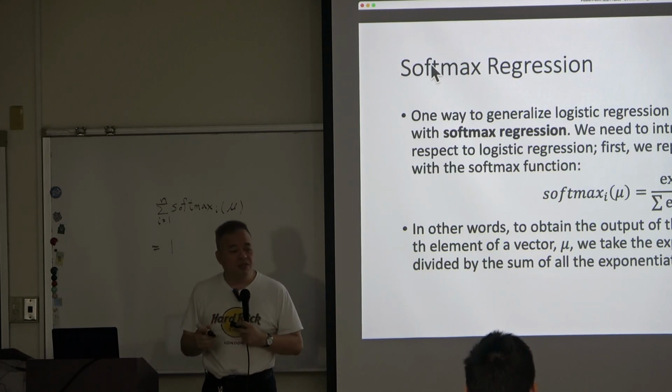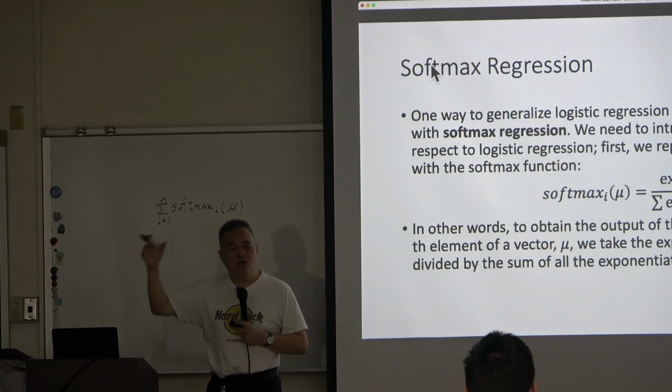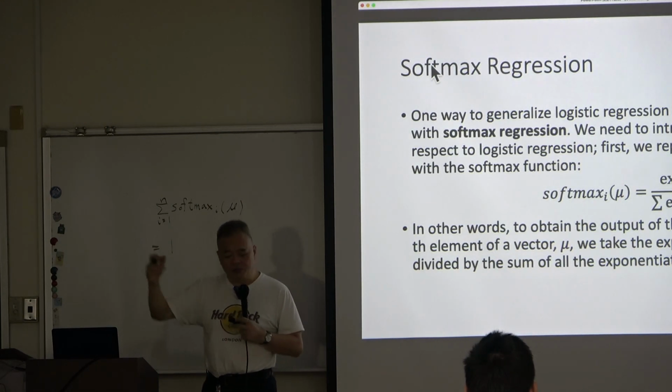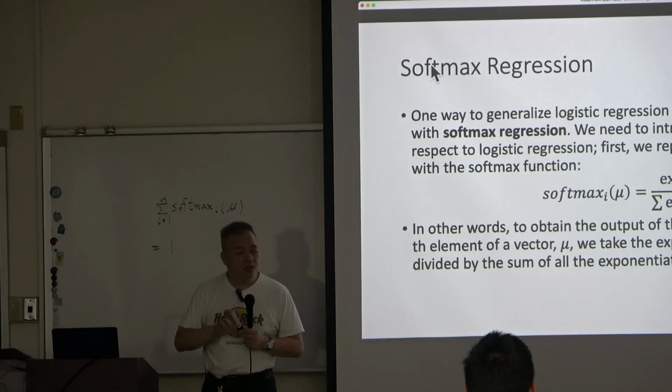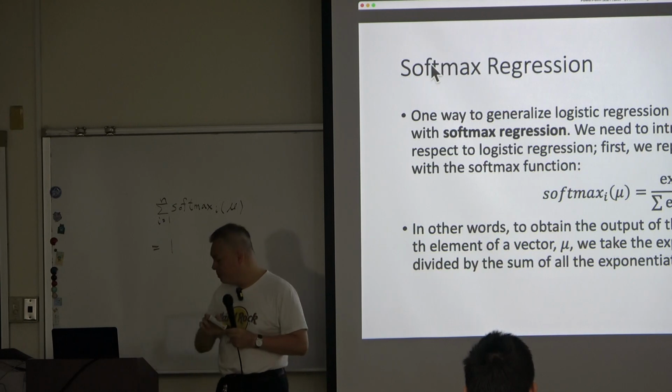Because the denominator is the same for all of them, and when you add up all the numerators, it's going to be exactly the same as the denominator.